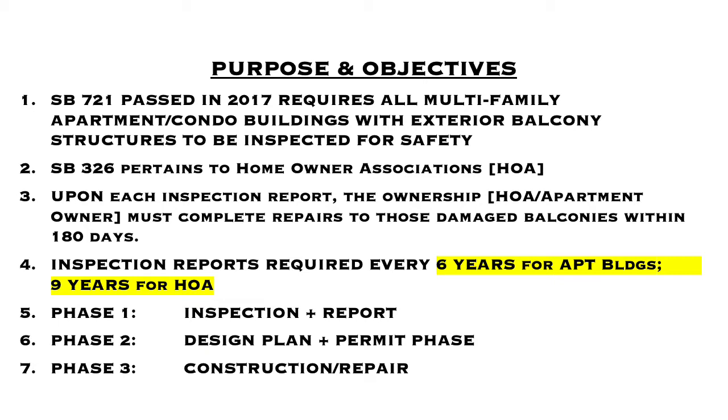If we don't find issues, then we'll issue a letter, a report, which will release the inspection for that particular balcony, basically pronouncing it as being safe for sound use. If we find issues, then we have to go to phase 2, which is to prepare a design plan and obtain permits in order to reconstruct that balcony. And phase 3 is the implementation of the repair permit.